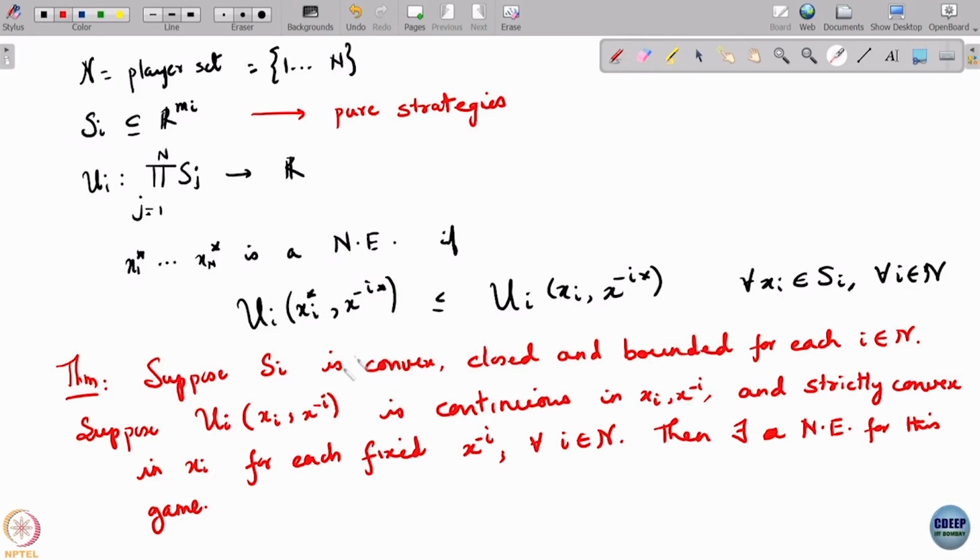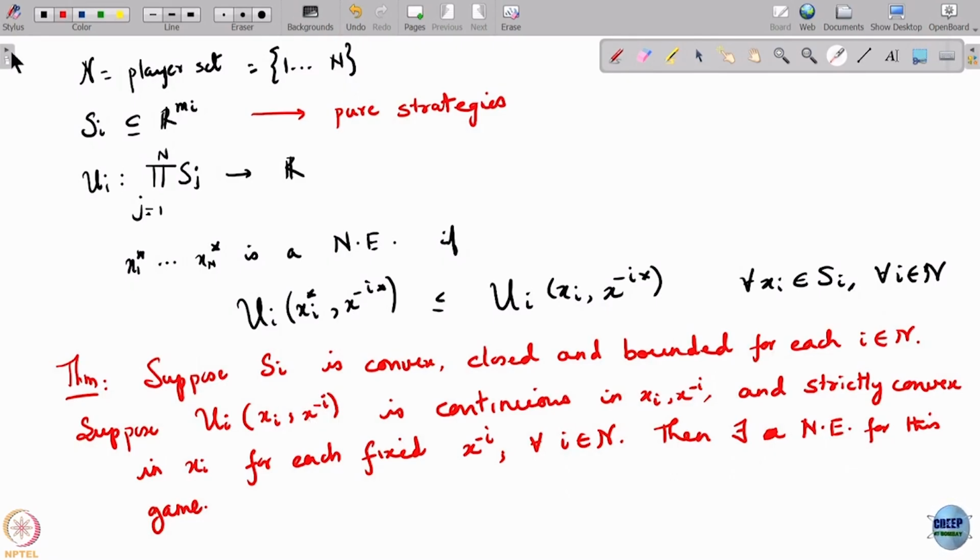When you looked at the expected cost or expected utility of the player, that was linear in the player's own pure strategy. So now that has been generalized, and we are asking that it is continuous in all these variables, and it is strictly convex in x_i for each x_{-i}. So the assumptions here are slightly different, but the arguments that we will need are more or less the same.